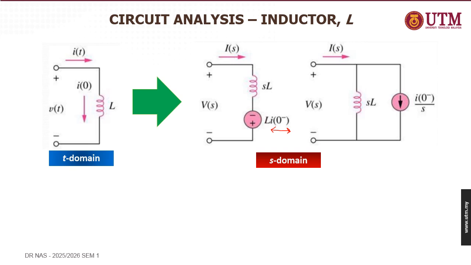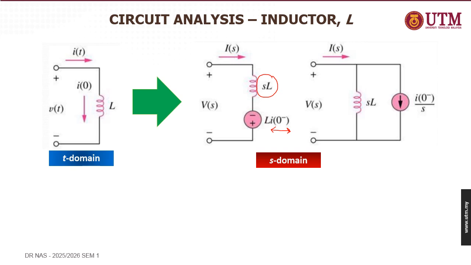In this case, i becomes I(s), v(t) becomes V(s), and L becomes sL, with an additional source of L i(0-). If there's no initial condition, then i(0-) will be 0.